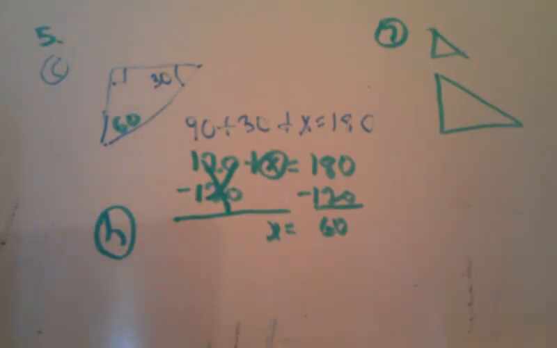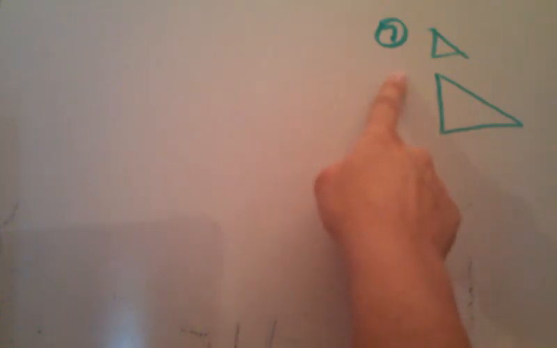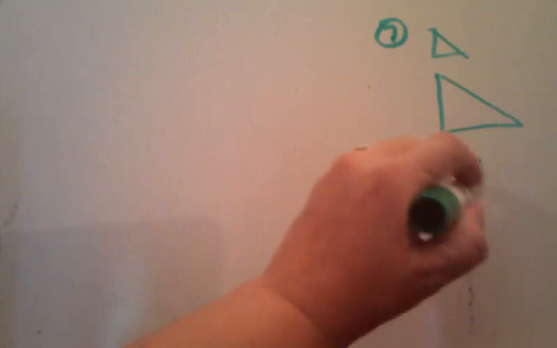Okay. All isosceles right triangles are similar. True or false? Remember, number 7, there's no side-side angle theorem.